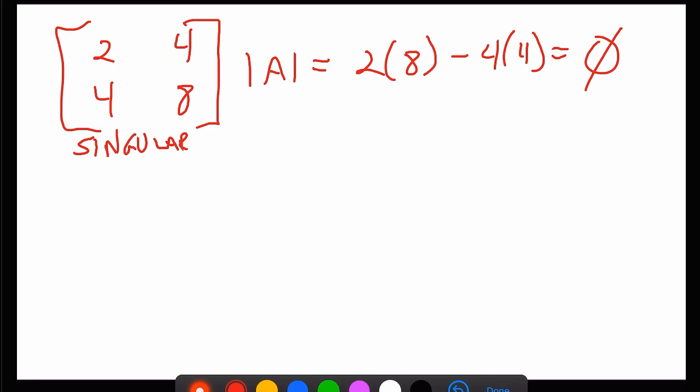There's an easier way to tell if a matrix is singular, and that's just to go ahead and calculate the determinant. The determinant of a singular matrix is always going to be 0.